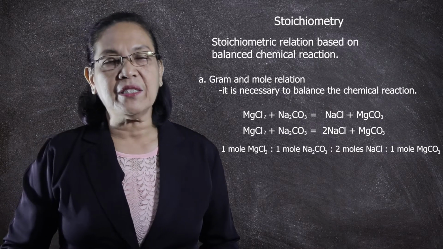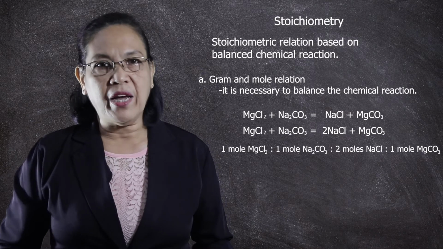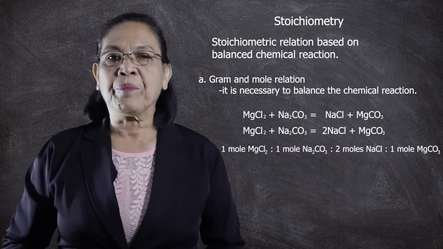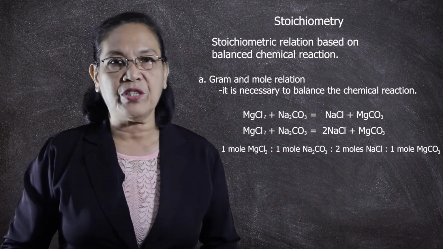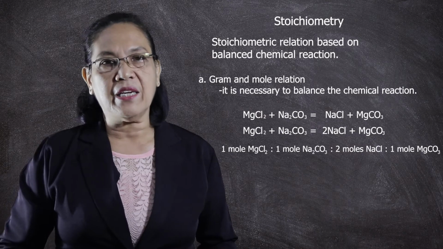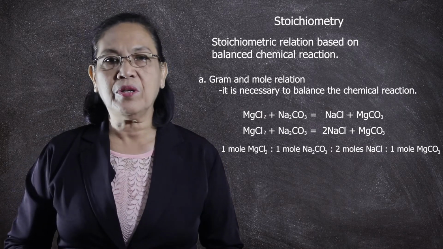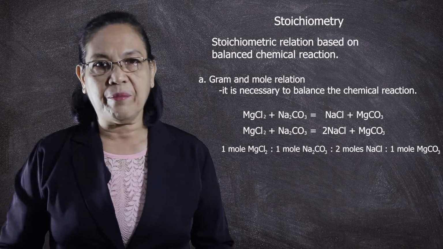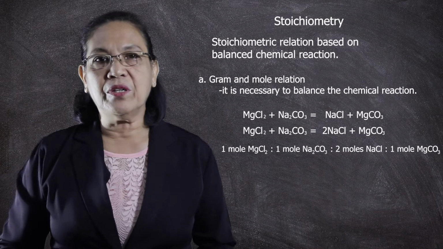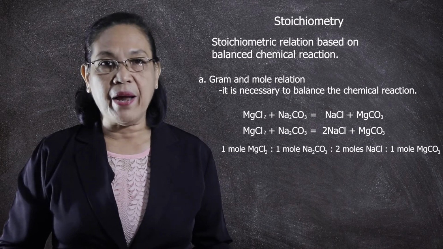Now, to establish the gram relation, we're going to use the molecular mass of these reactants and the products, considering also the coefficients used in balancing the reaction. In this case, the molecular mass of magnesium chloride is 94 grams. The molecular mass of sodium carbonate is 106 grams.